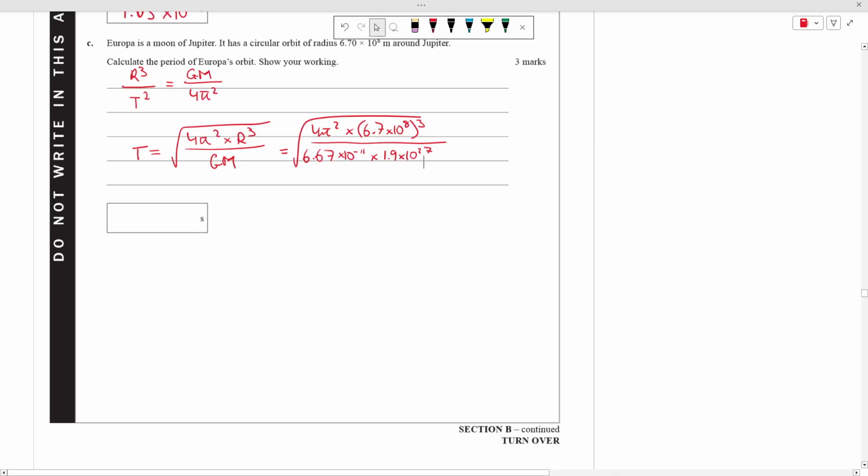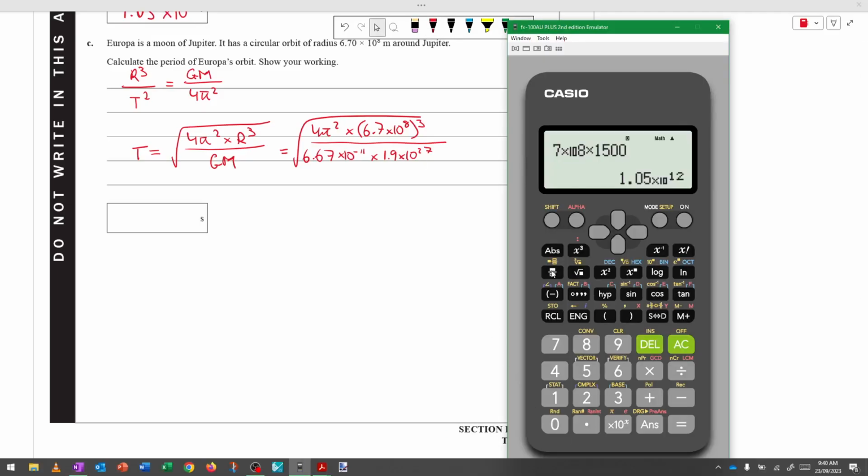Alright, calculator time. Square root of fraction 4 times pi squared times 6.7 times 10 to the 8 cubed over 6.67 times 10 to the negative 11 times 1.9 times 10 to the 27.